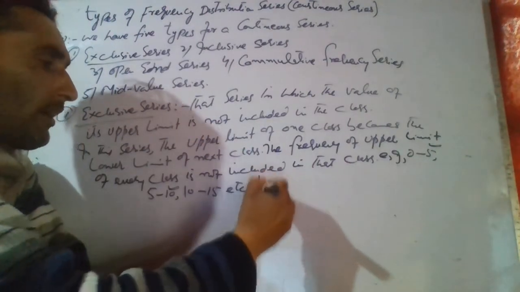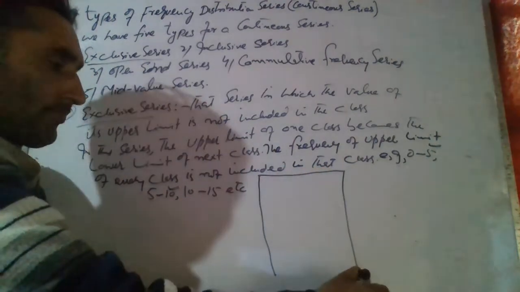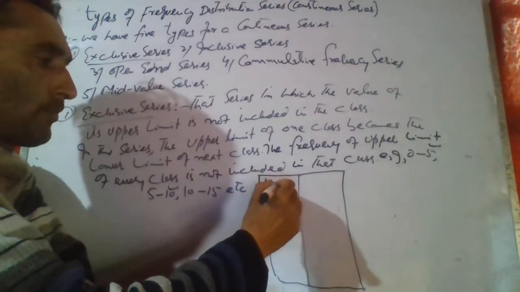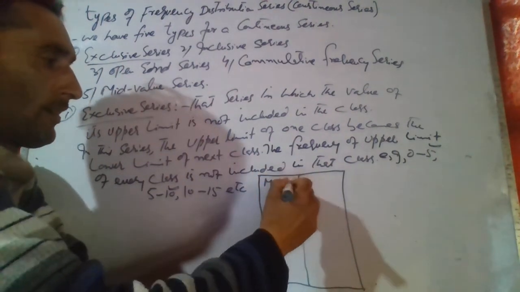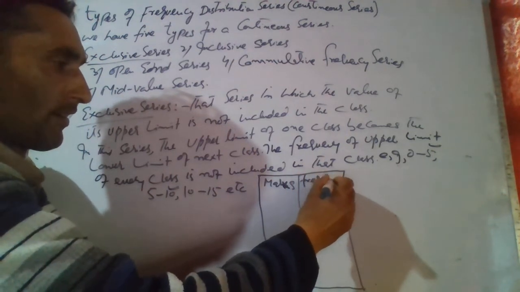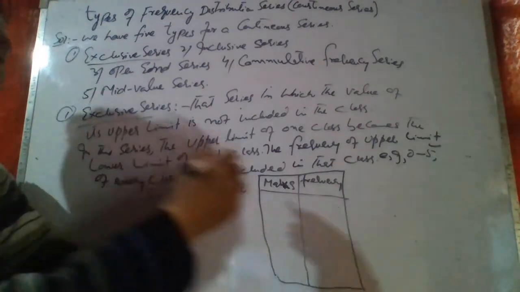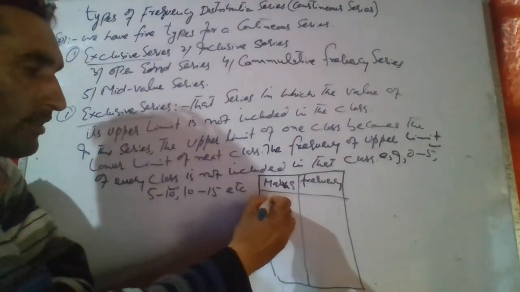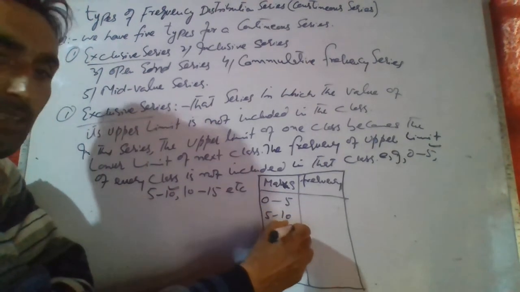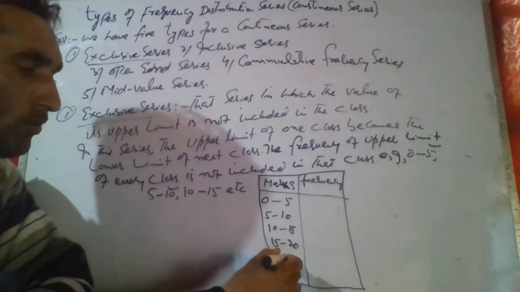For example, we have a series like this. We have marks and we have frequency. The classes are 0 to 5, 5 to 10, 10 to 15, 15 to 20, 20 to 25.